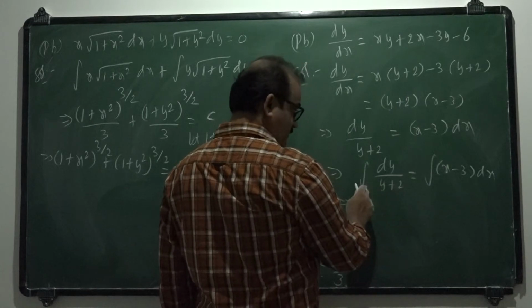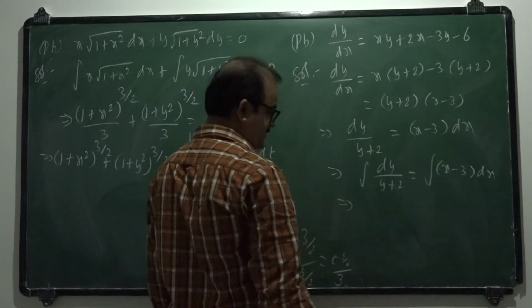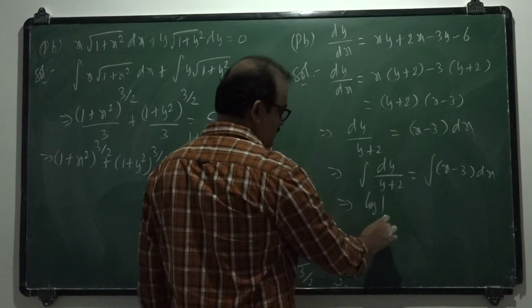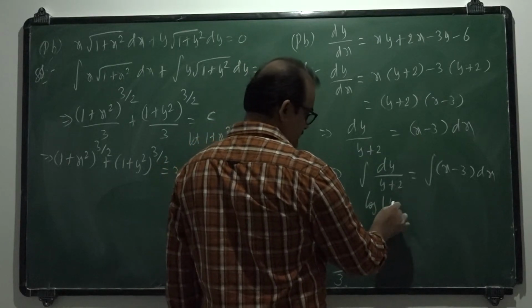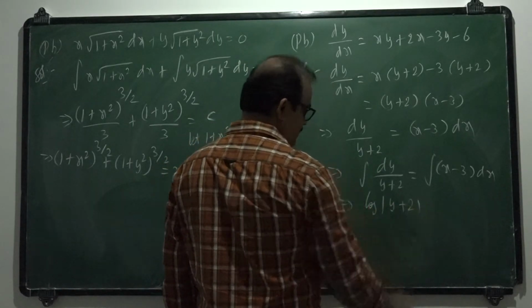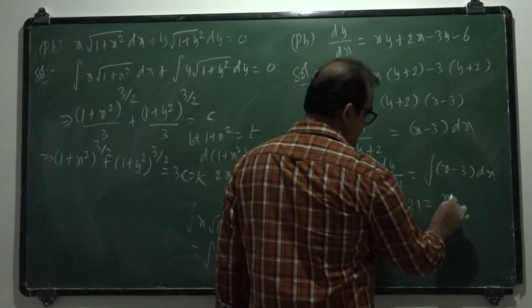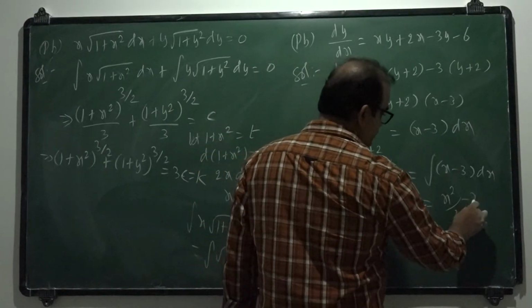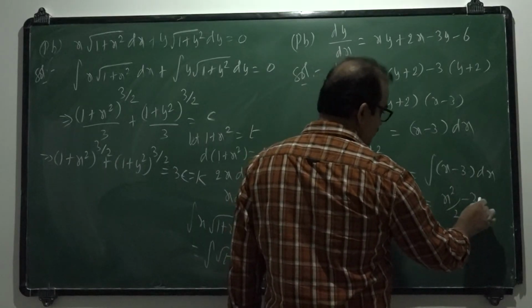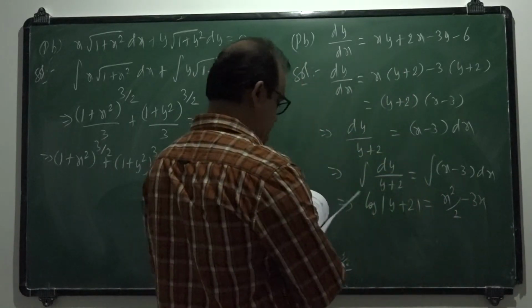Integral 1 by, it is in the form of integral 1 by x into dx, that is log mod x. Here it is log mod y plus 2 is equal to integral x square by 2 minus 3 into integral 1 dx, that is x.